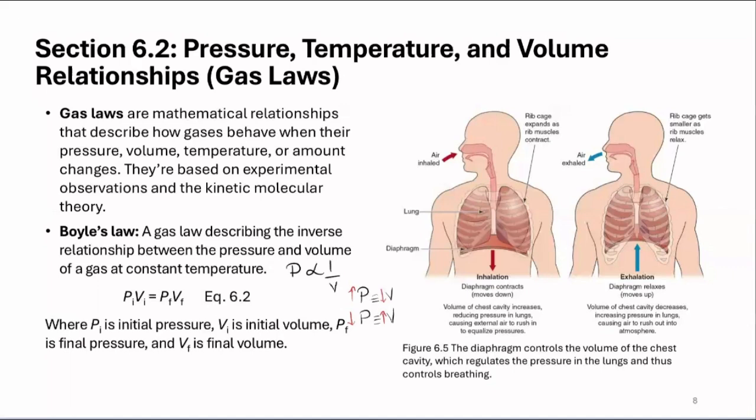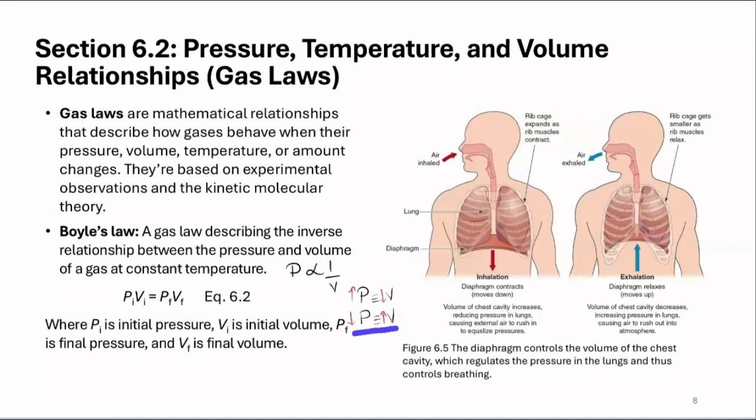When the human body inhales air, the volume of the chest cavity increases. So we see an increase in the volume. Then, because the lungs are expanding, they experience a reduction in the pressure they feel.